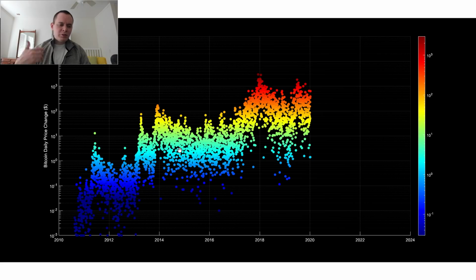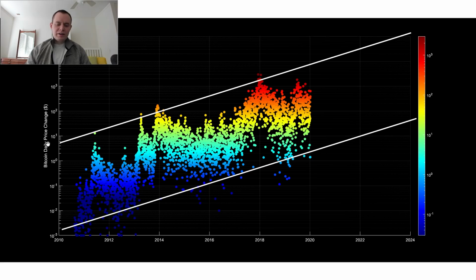I think it's visually more appealing to present it this way, because you can really see shifts between different levels of magnitude quickly with your eyes without having to look at the actual scale over here, which, note, is a logarithmic scale. And here's this general uptrend channel that we're in.